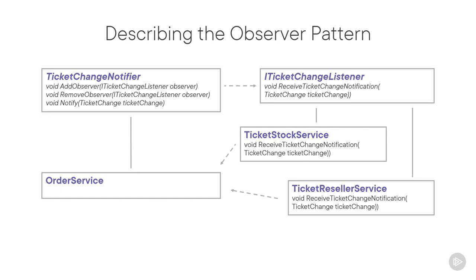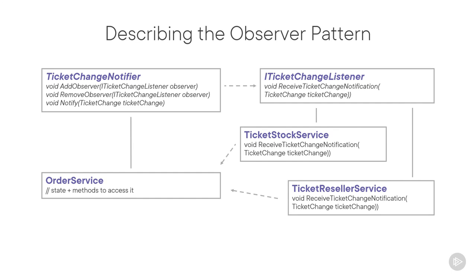What happens now is that our two observers are added as observers on our order service. The order service itself is a concrete implementation of the ticket change notifier. It calls into the methods defined on that, but next to that it also holds its state. For example, the data store containing the information it has on tickets.